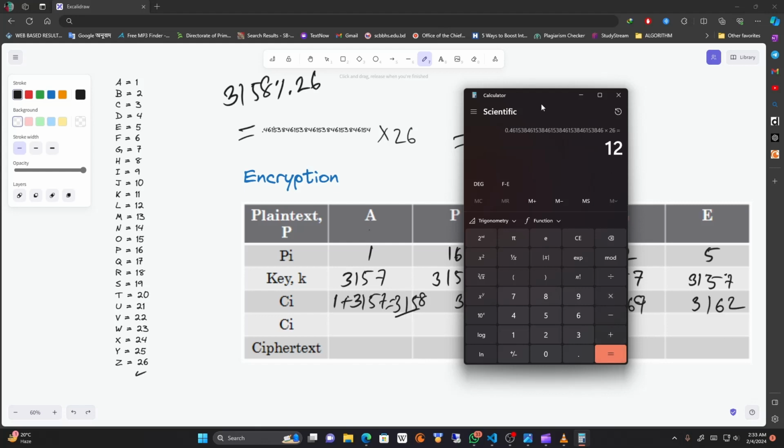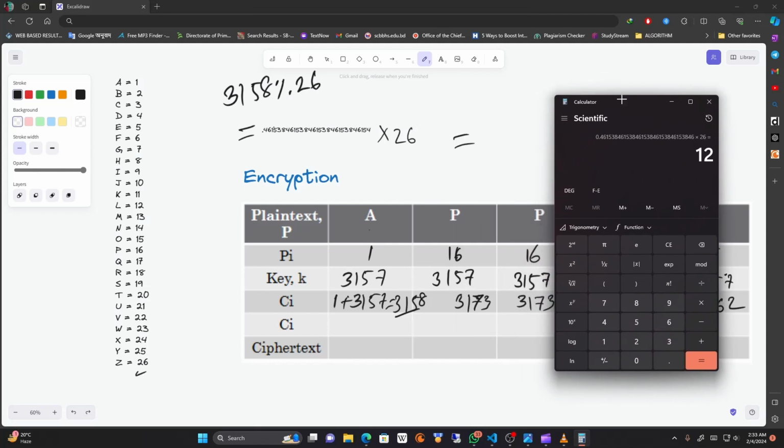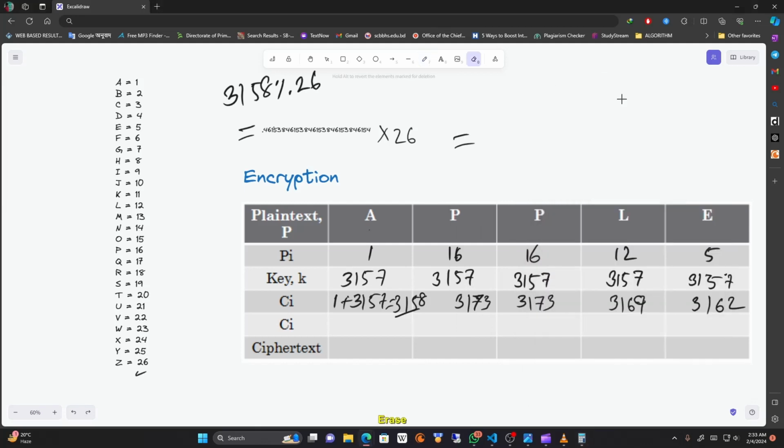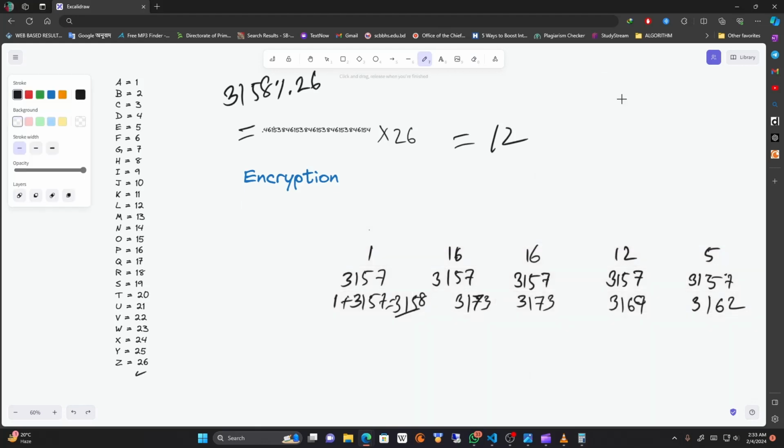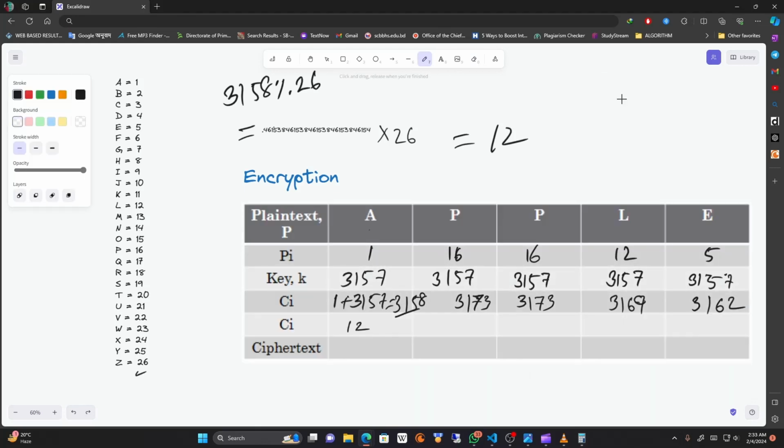Okay, we get 12. So we need to write here 12.